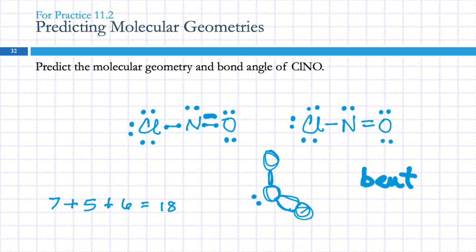And what do we know about this angle? What if it was a perfect triangle? 120. Is this going to be less than 120 or greater than 120? Less than, because the lone pair is very repulsive, and so those guys are going to squish together a little bit. Which would be greater, the distance between the lone pair and the single bond, or the lone pair and the double bond?